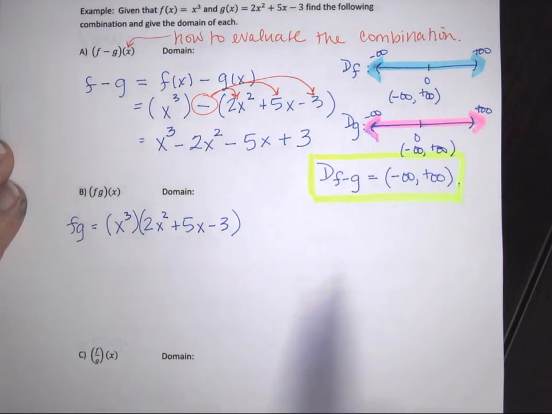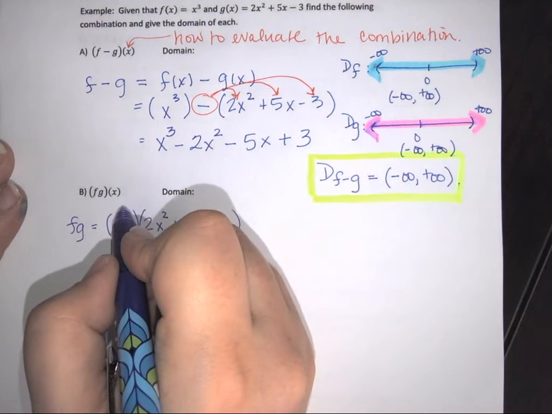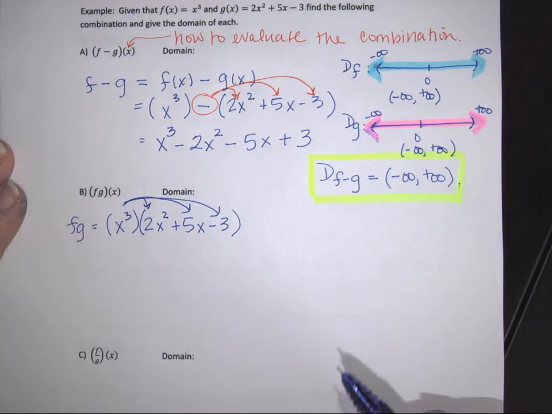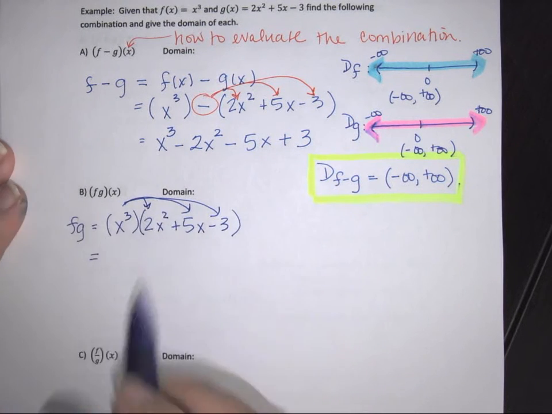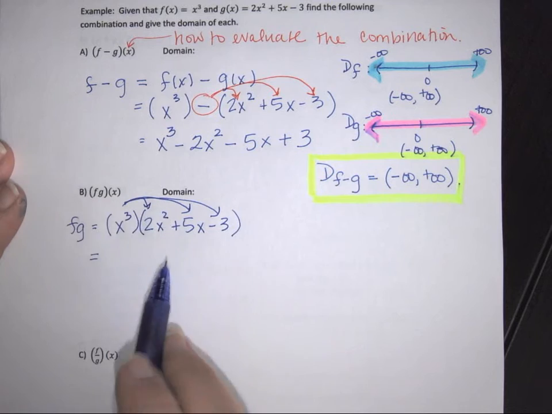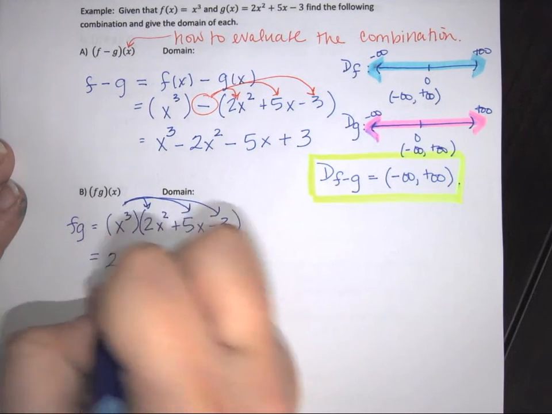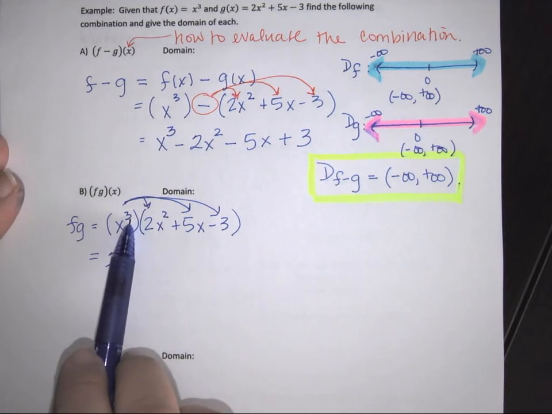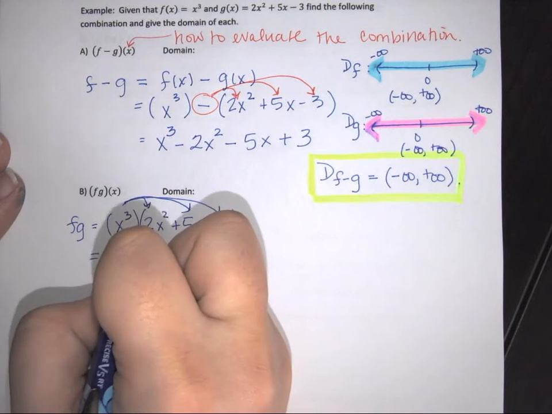Well, multiply says I need to simply distribute it through my parentheses onto all three parts. So we have x cubed times a 2x squared, so we get a 2 out in front. This is still an x. And then remember, when you are multiplying, we add the exponents. So this becomes 3 plus 2, which is 5.